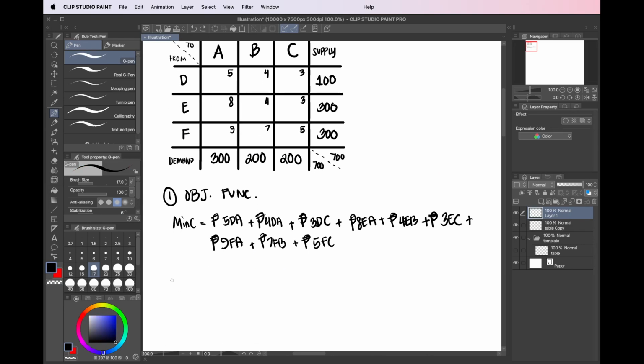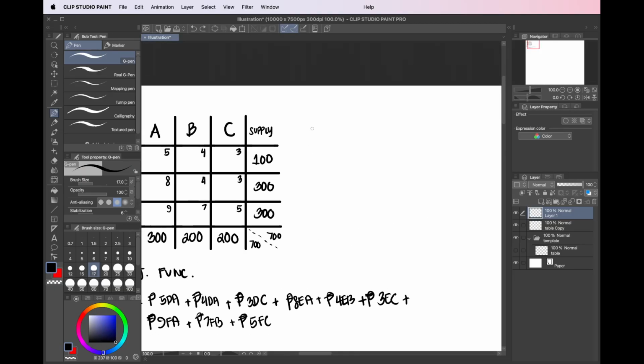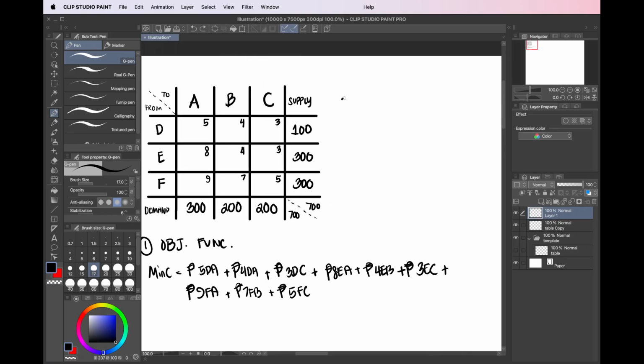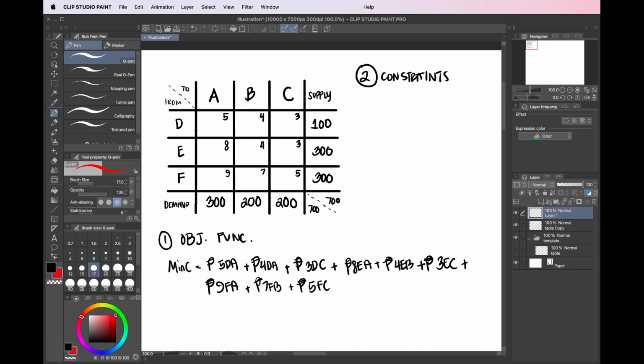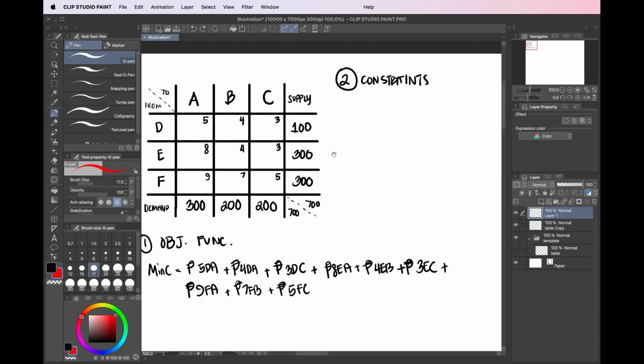Now, after you create your objective function, we get the constraints. So actually, let's make the constraints here. Maybe here. Constraints. For the constraints, it's also simple. We go first by row, then next, we go by column. I'll show you what I mean.